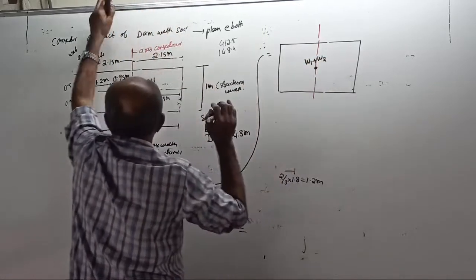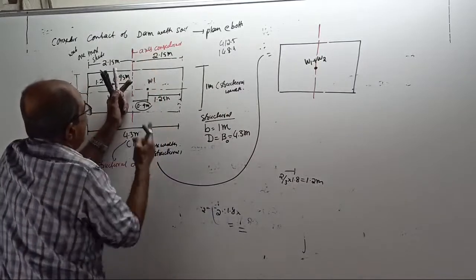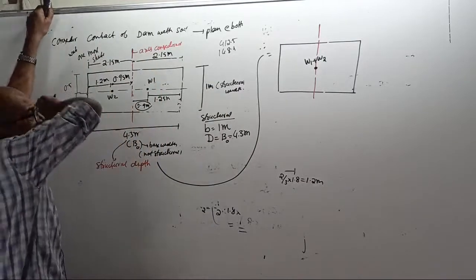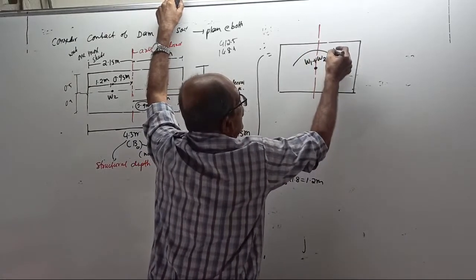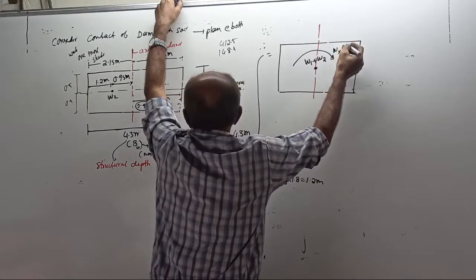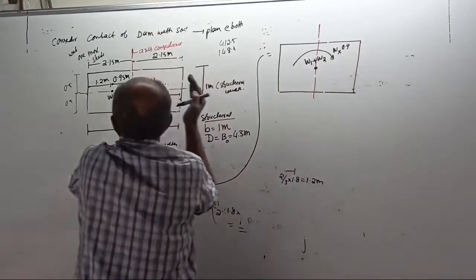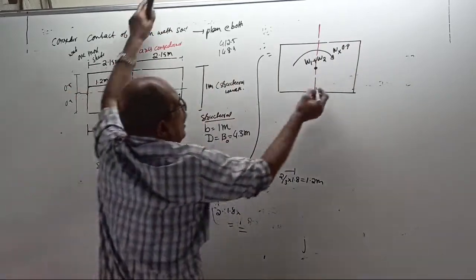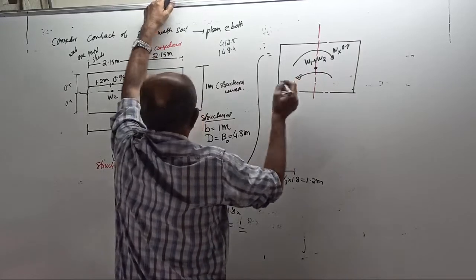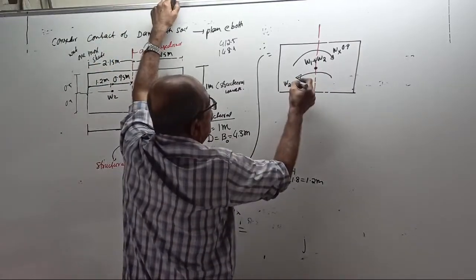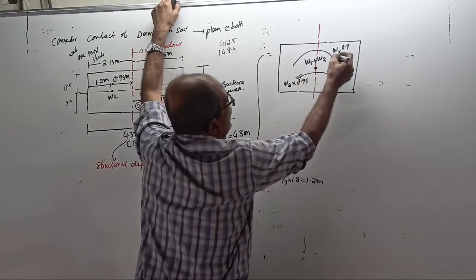And W1 into 0.9 is this way the moment. A moment this way of W1 into 0.9 and a moment this way of W2 into 0.95. Tell the answer.